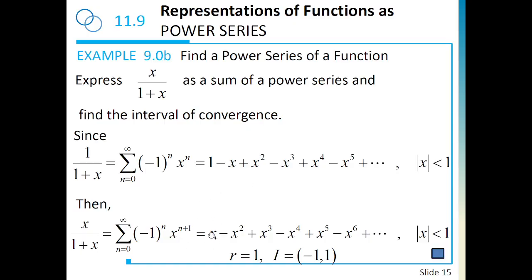So as a result, we'll have this term times x, so x, second term times x, x squared, third term times x, x cubed, etc. So basically, what happens here is that we are multiplying everything by x. So if I multiply by x, essentially the power of x is increased from x to power n to x to power n plus 1. So that will be something that we will see often. If I need to multiply, I multiply everything. So essentially, I just increase the power of x.